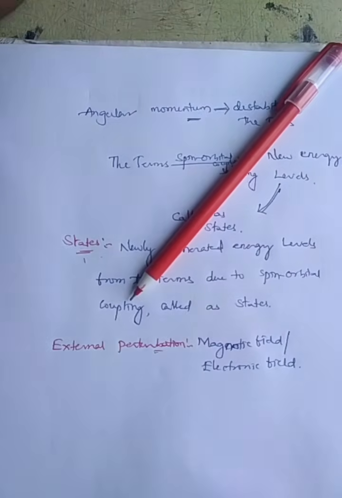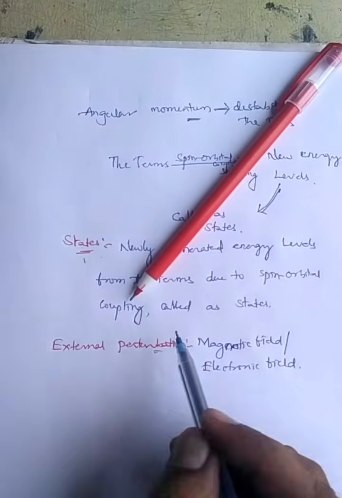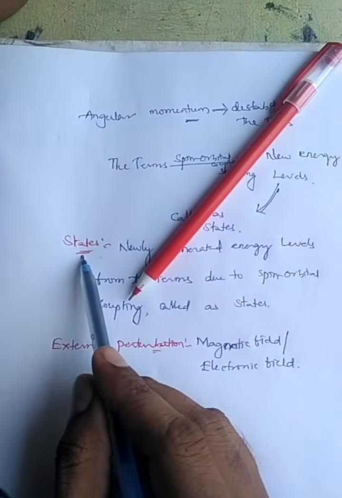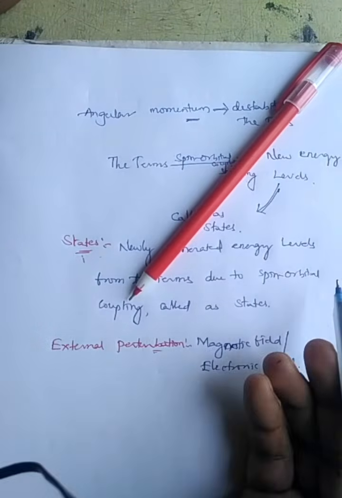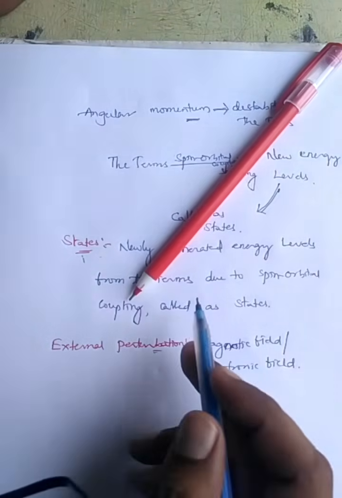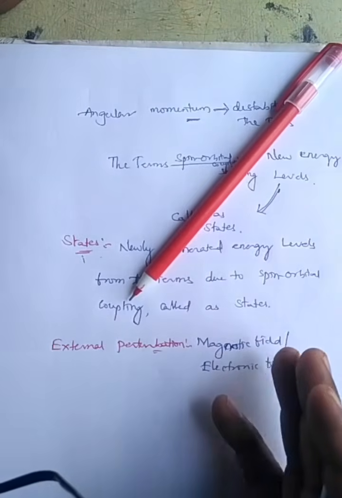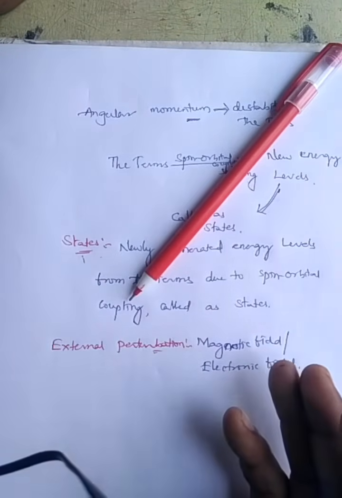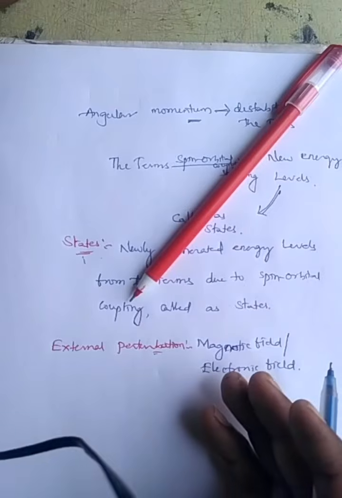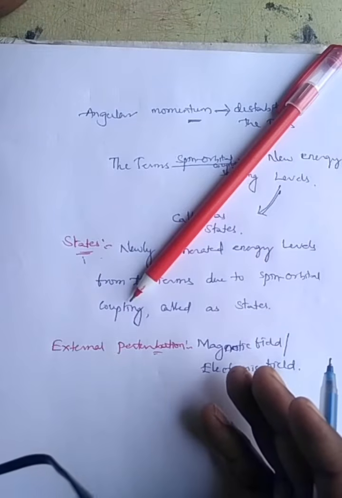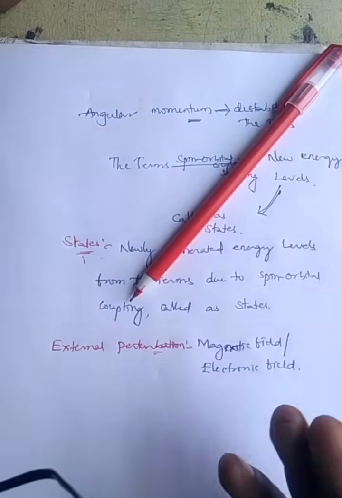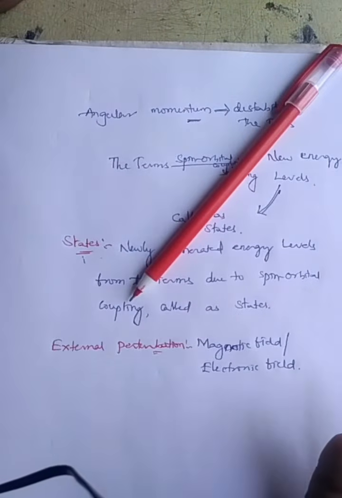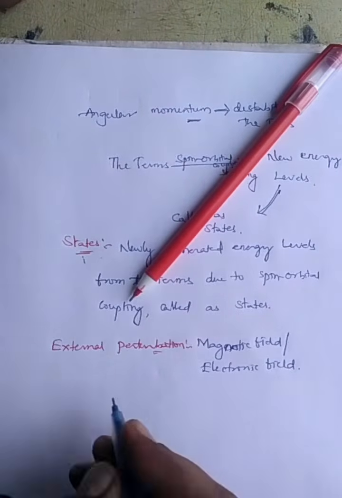When we apply such a magnetic or electric field to an atom, the newly generated states will get destabilized, right? To overcome such external perturbation and let the atomic state exist, the states will split, giving new energy levels, right?